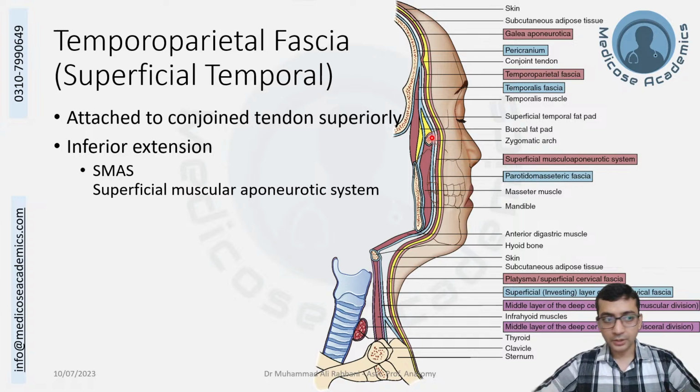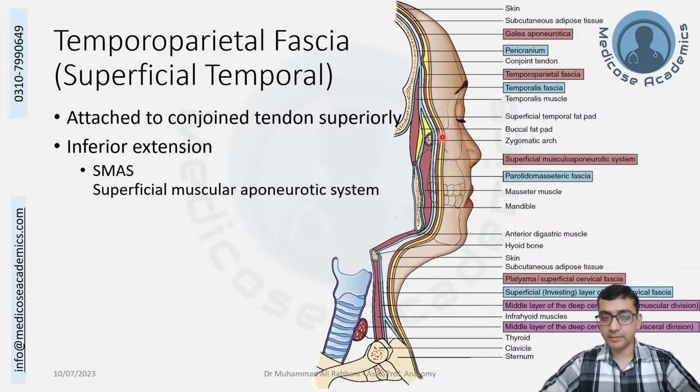As we move down, there is the zygomatic arch. It passes lateral to it. Then it passes on the lateral aspect of the cheek. This here includes the superficial musculo-aponeurotic system. So here it includes a lot of the smooth muscles, the skeletal muscles that are covering the face.